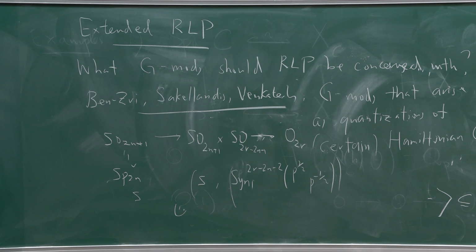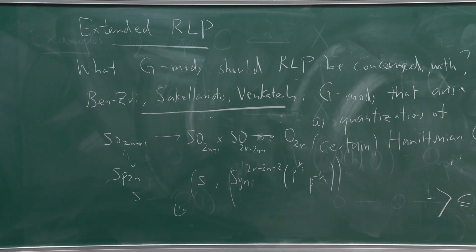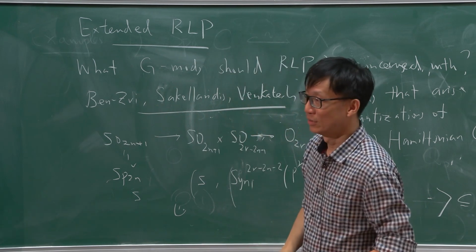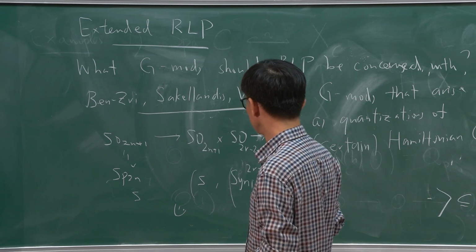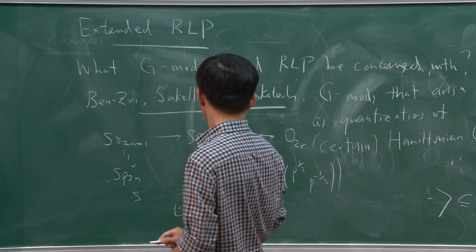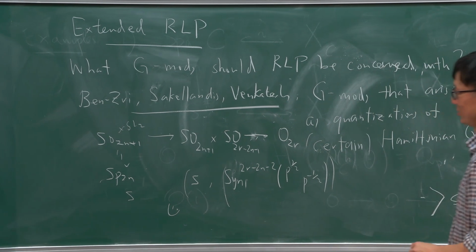If you write it in terms of other parameters, the map from here to there is given in this way. So you have a map from SO(2n+1) times SL2, and that's like the principal SL2? Correct, yeah.